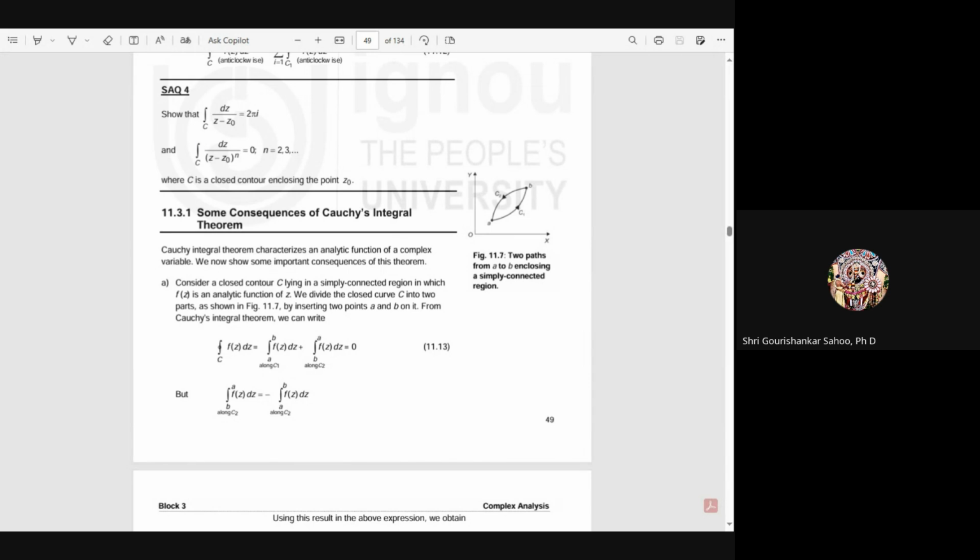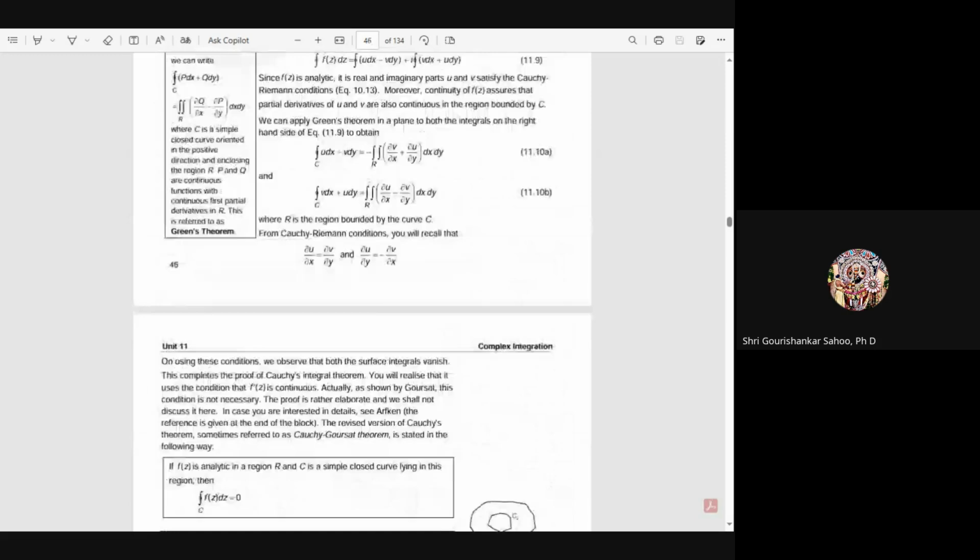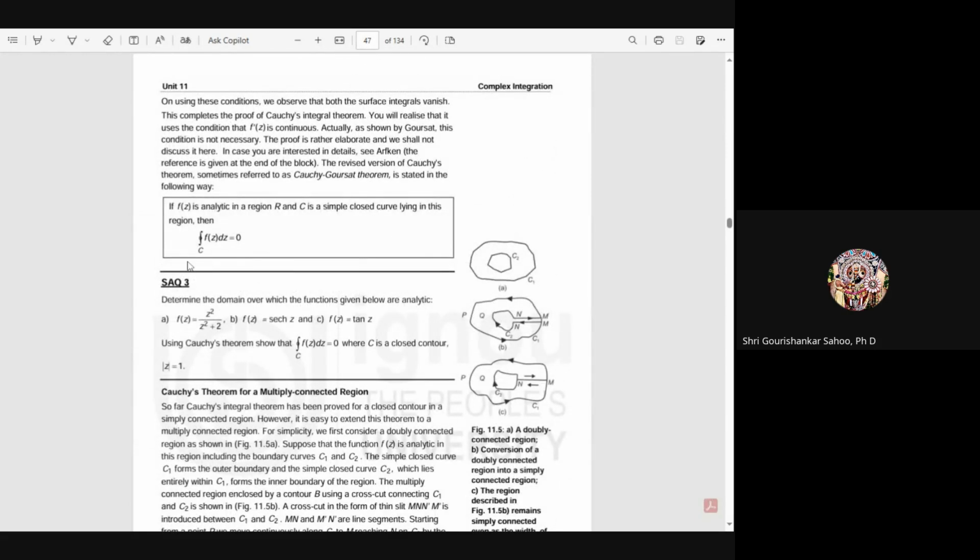SAQ 4: integration over C of dz/(z − z0) is equal to 2πi, and integration over C of dz/(z − z0)^n is equal to 0. You can prove this by using this expression: integration over the closed contour of f(z) dz is equal to 0.